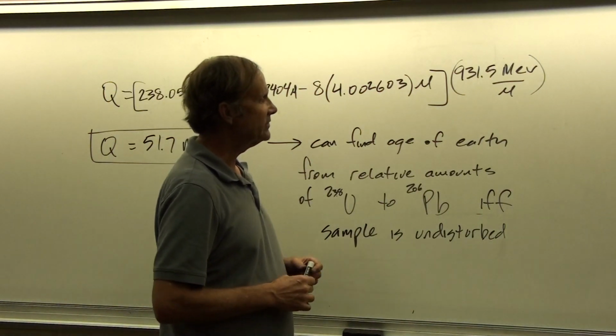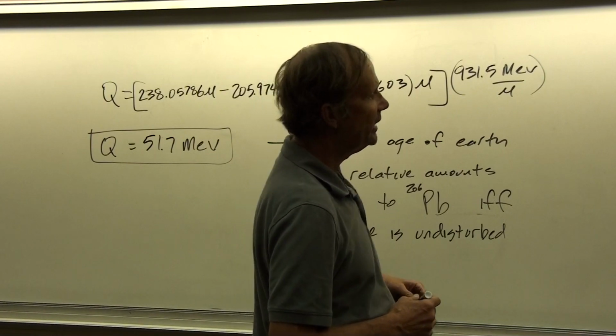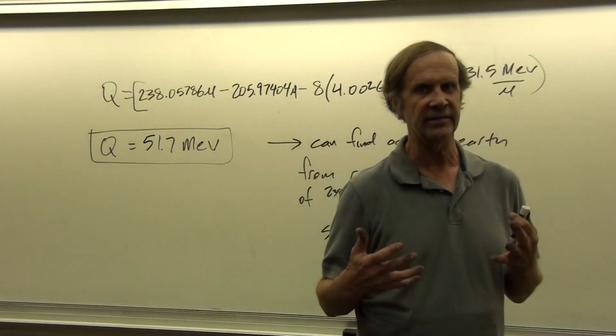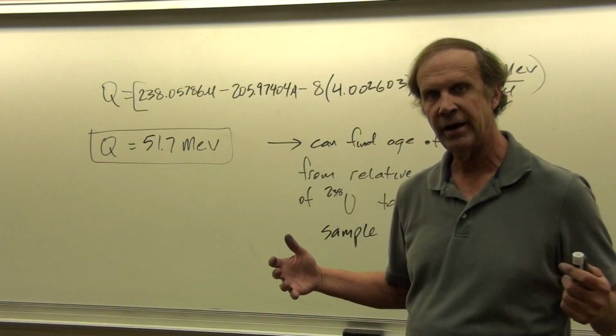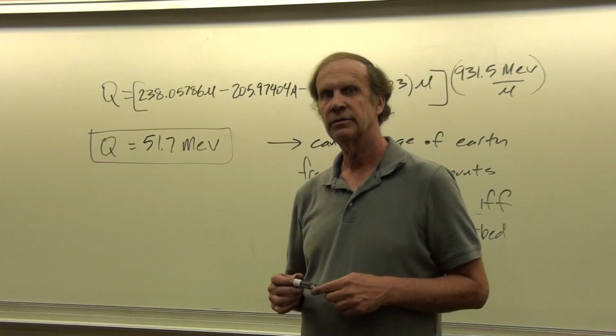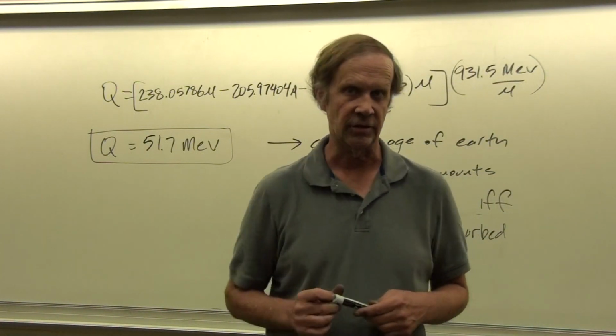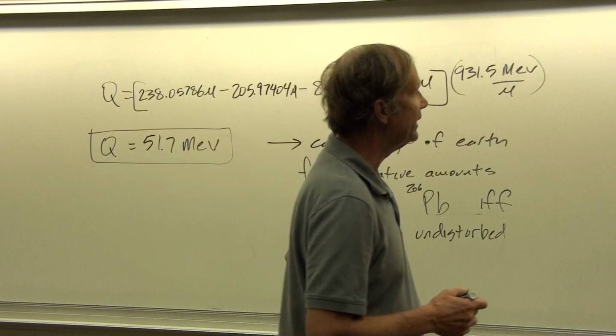But to date something, you need to be able to use something that has a half-life that's comparable to the length of time that you're trying to measure. So this wouldn't work with carbon dating.